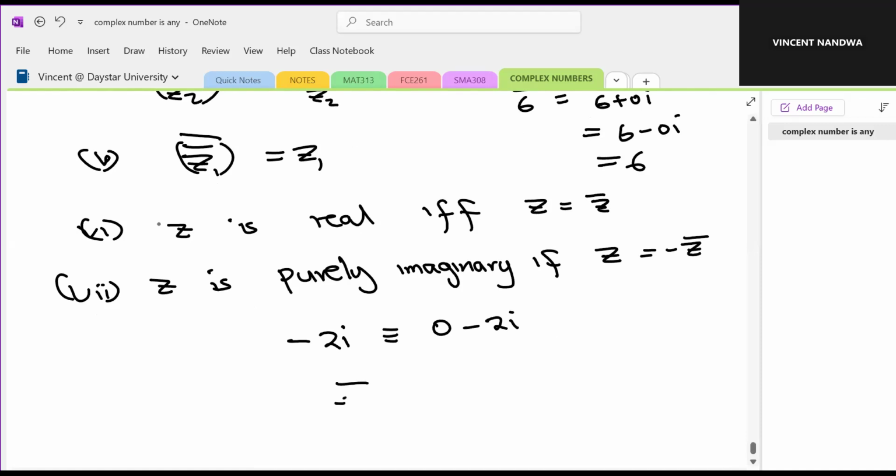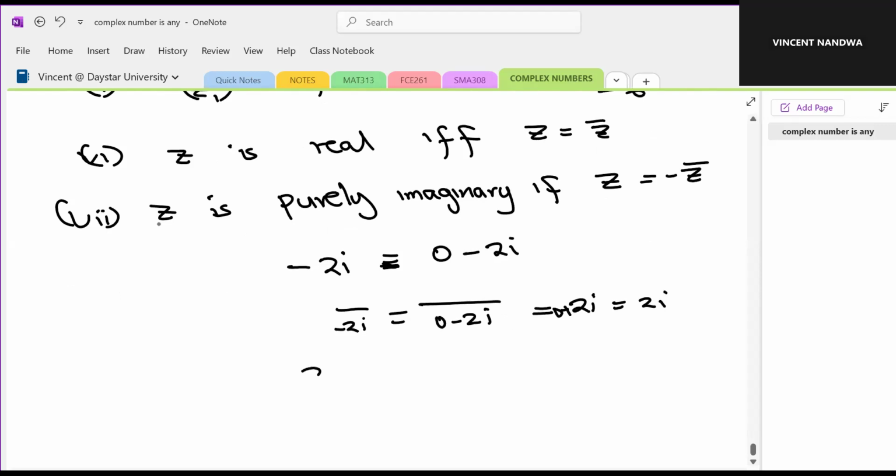So when I conjugate this, it's the same as conjugating 0 minus 2i, which will give me 0 plus 2i, which is the same as 2i.